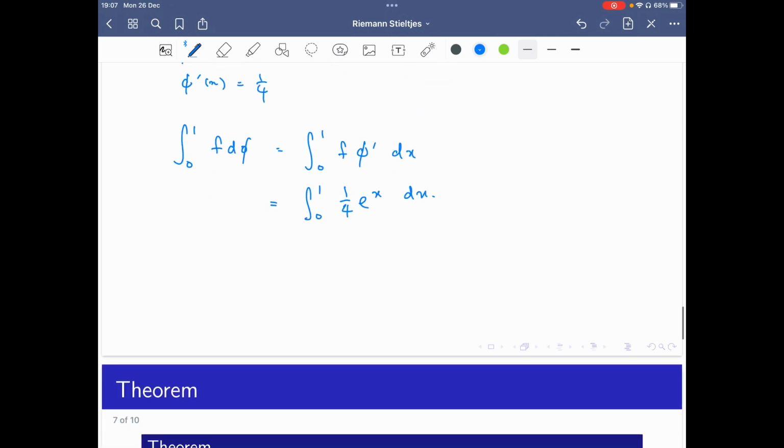It's a very elementary function, so we can take the 1 over 4 outside, e to the x, then 1 and 0 over here. We just substitute: 1 over 4 e minus 1 over 4 e to the power of 0 is equal to 1 over 4 (e minus 1). Okay, that's the answer.